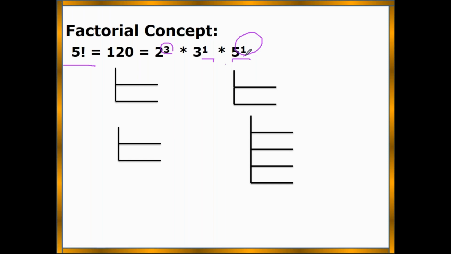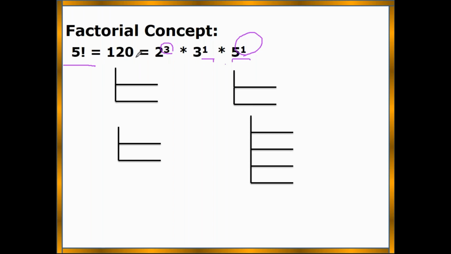For 5 minutes, please assume we don't know the value of 5 factorial. Now I want to get the power of 2, power of 3, and power of 5 in 5 factorial.